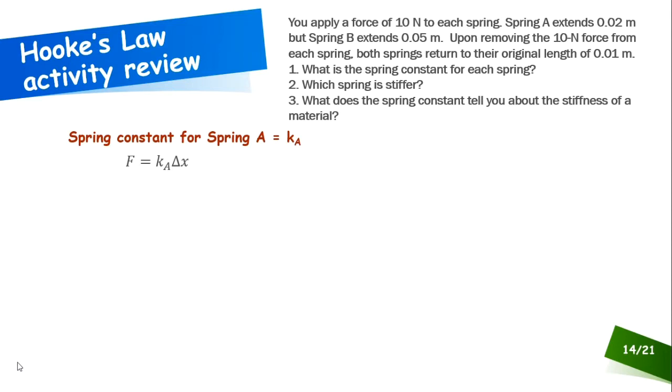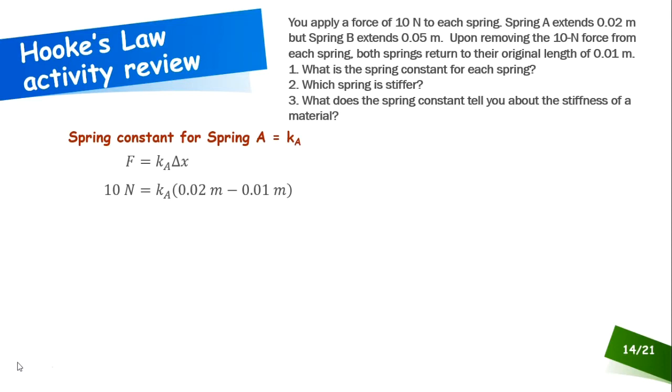F equals K, and this is our spring constant, Ka, times delta x. Next, we substitute in what we know. So we've got a 10 Newton force. We don't know what the spring constant is. That's what we're trying to find out. And then the change in x is the elongation. So we measured it out to 0.02 meters.